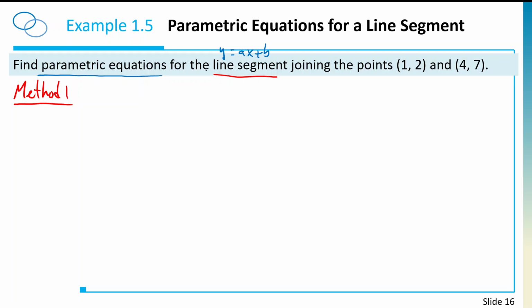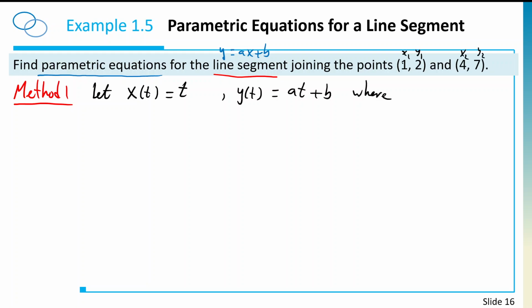Since it's a line segment, let x of t equal t, the parameter t, and y of t is the linear parameter, a t plus b, where remember these points are x1, y1, and x2, y2.